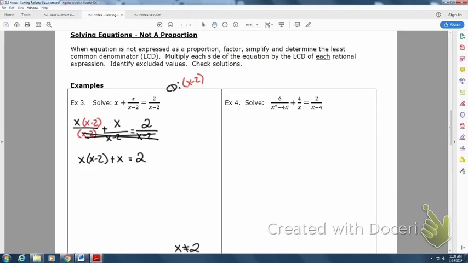So I'm going to distribute the x into that x minus 2. Now if I'm solving this, what does that tell me I'm going to have to do? Not square root. Factor. Which means I have to have it set equal to what? 0. So I would subtract that 2.